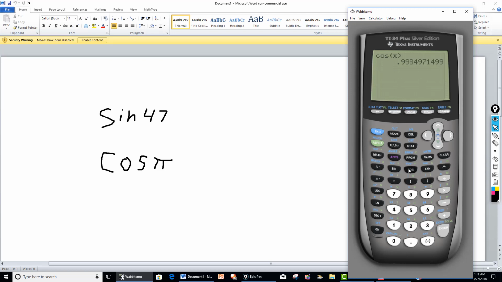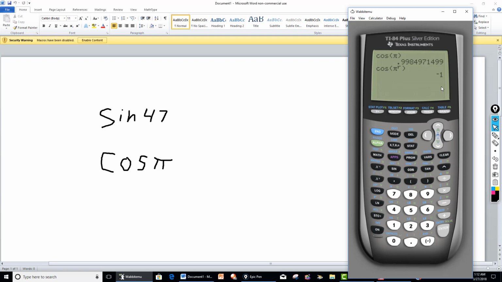Now, if I go cosine and then pi, and then I go to the angle menu, second, then apps, get the angle, and then number 3, there's a little r for radian, so I hit 3, and I get -1.